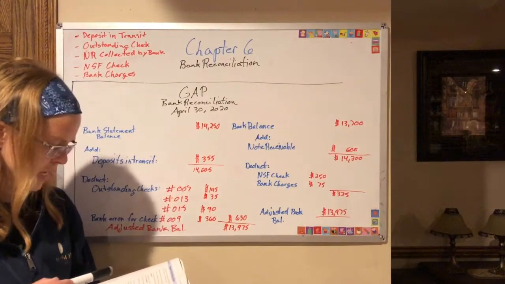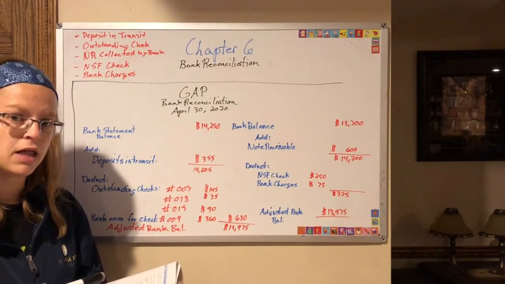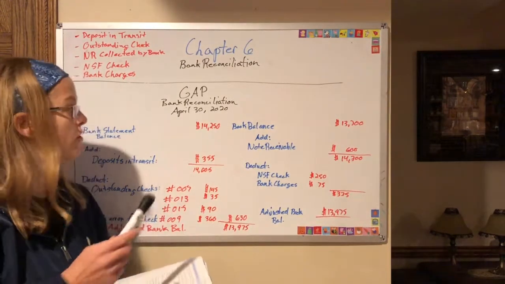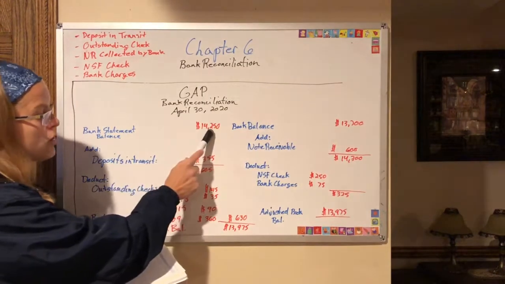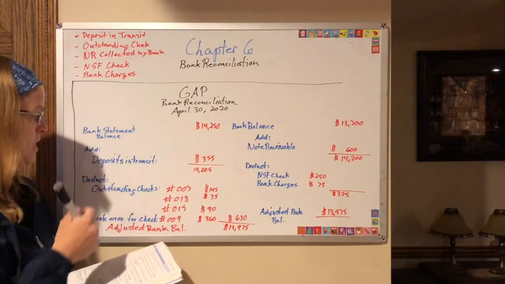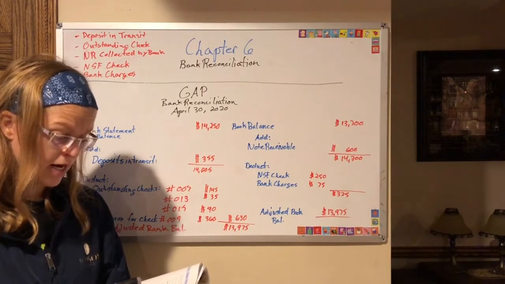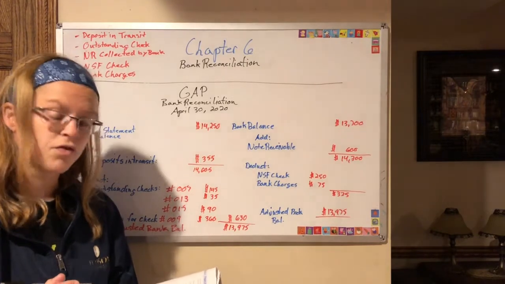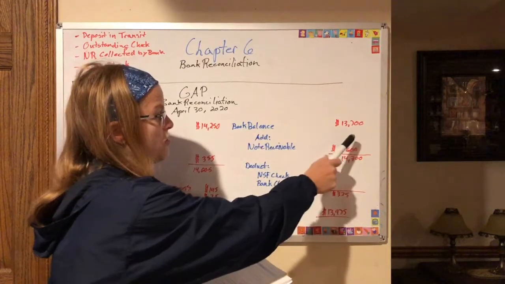So the bank statement for Greater Athletic Performance had an ending cash balance of $14,250. So the bank statement balance you see here is $14,250. The general ledger displayed an ending cash balance of $13,700, so you've got a book balance of $13,700.